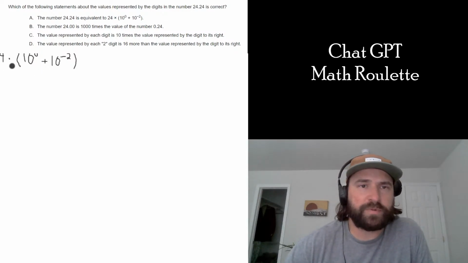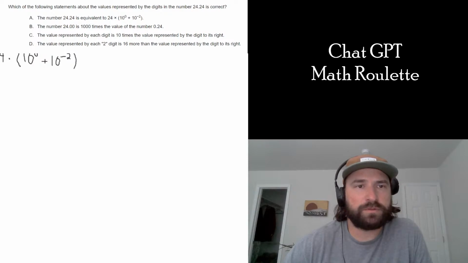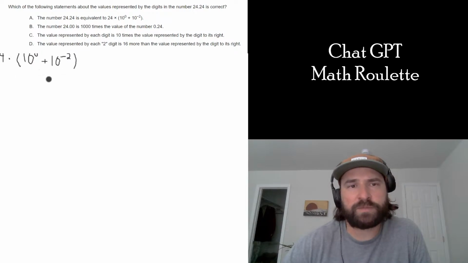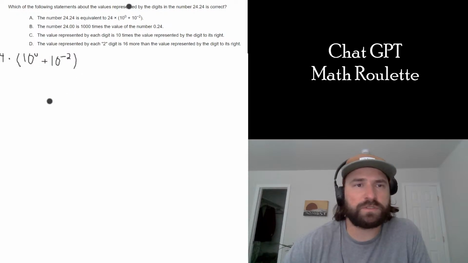So we can actually distribute this by just the laws of multiplication. You can multiply to both of these things. You can also kind of recognize what each of these is. Use exponent rules to decide what each of these are.